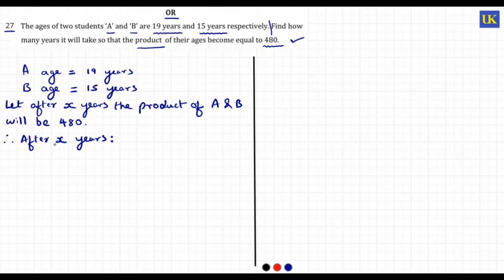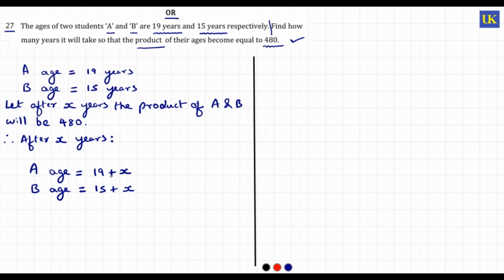After X years, A's age will be 19 plus X, and B's age will be 15 plus X. So after say 4 years or 5 years, when we add these years to A and B and multiply both their ages, it should come to 480.